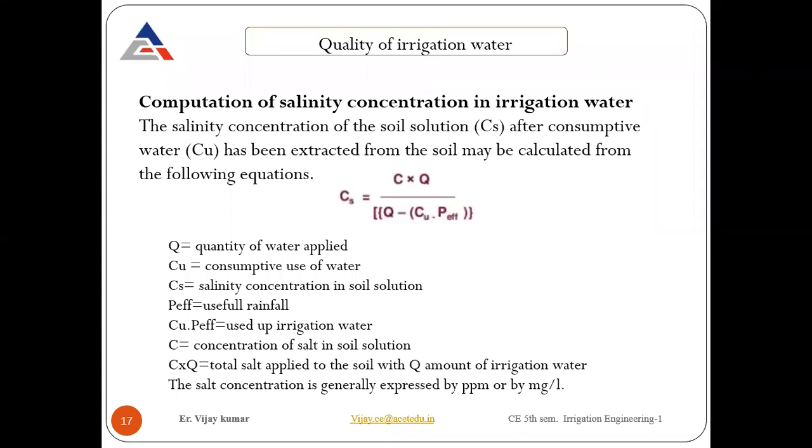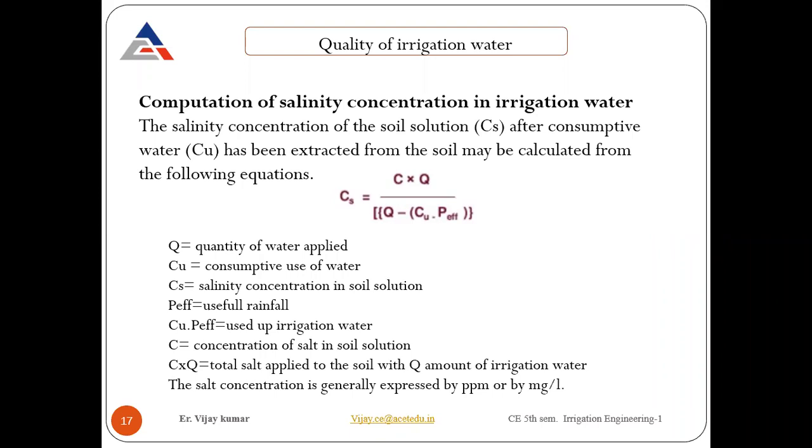Here, if you see, C_s is given as C into Q divided by Q minus Cu into P effective. First you need to multiply, and then you have to subtract this from Q. The abbreviations are mentioned: Q is the quantity of water that you supplied in the field. Cu is the consumptive use of water.